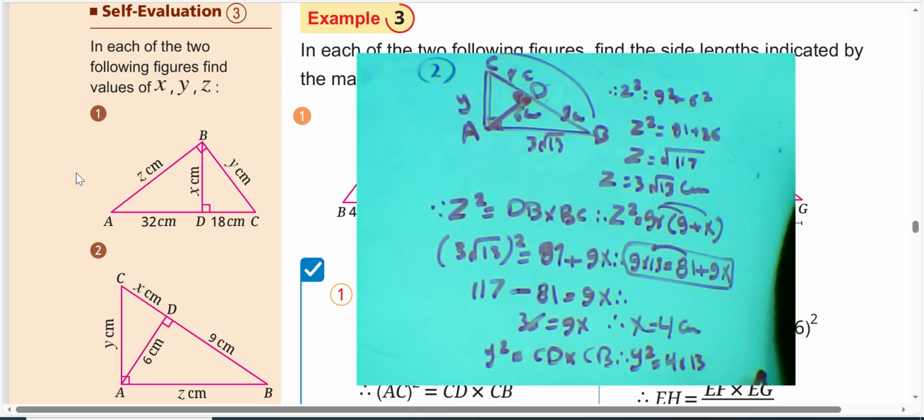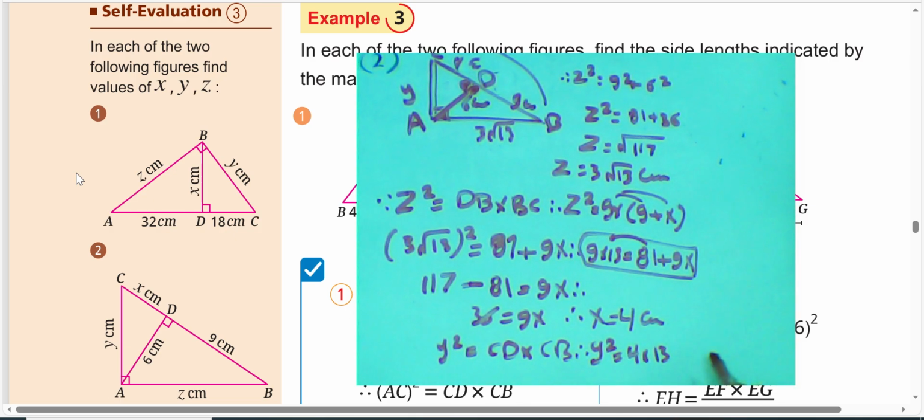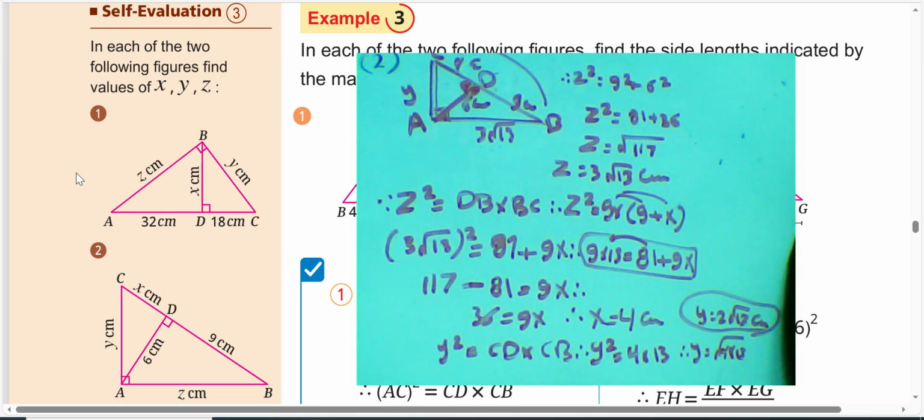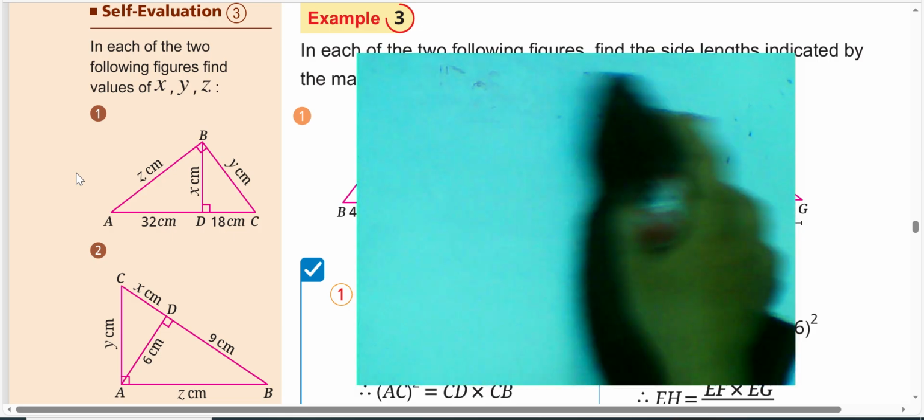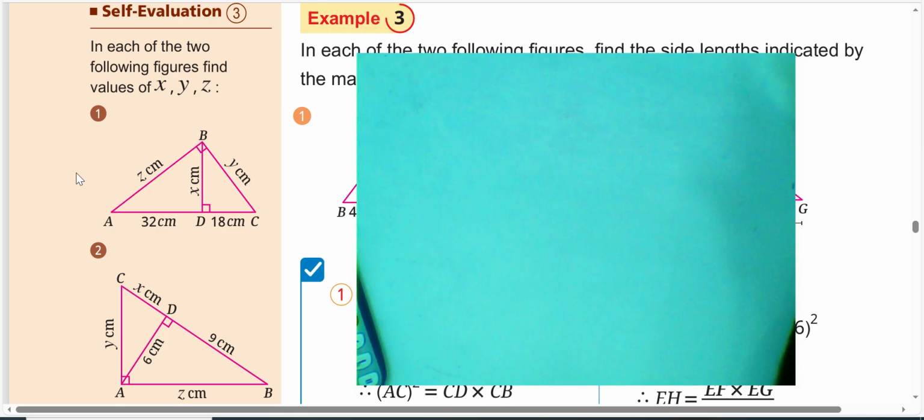Then y will be equal to the square root of 4 times 13, then the value of y equals 2 root 13. This is the length of y, 2 root 13. Okay, understood? Next question.